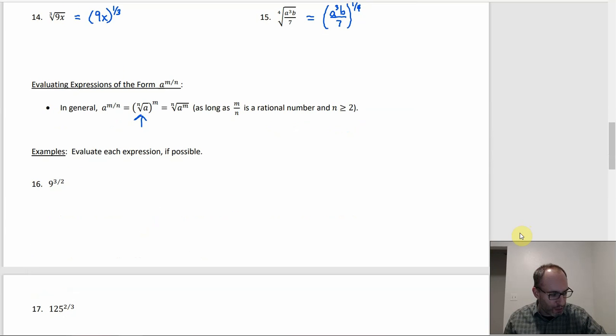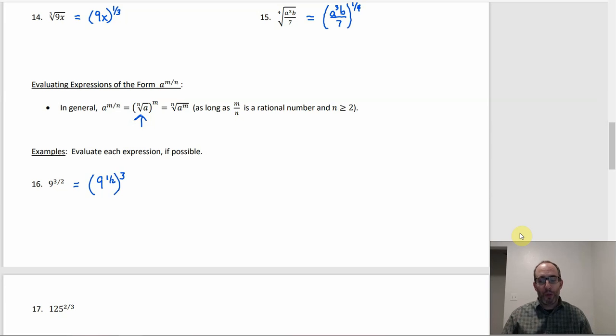Even with this 9 to the 3/2, we'll be able to see it. So I'm going to write this as the square root of 9. And the reason this works, by the way, is worth writing out first. Really what I'm going to do is say this is 9 to the 1/2, then cubed.